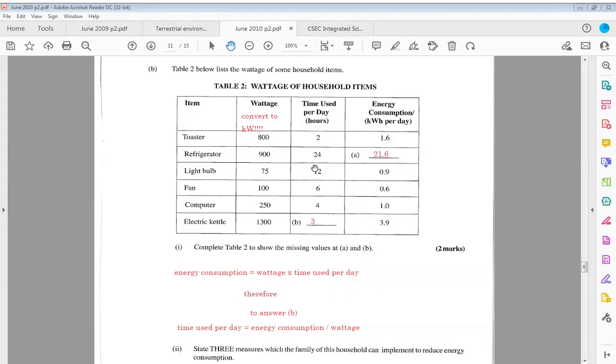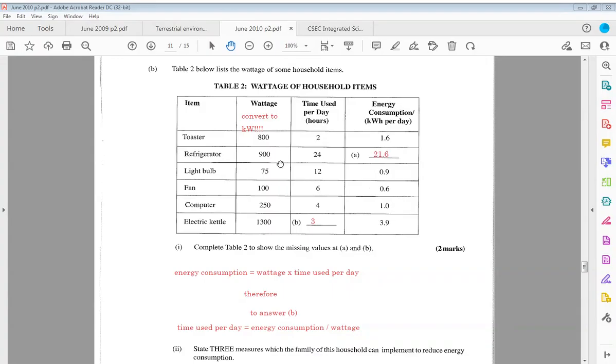And if you did not convert this to kilowatts while you were doing this, then you would figure out that it's very strange, because how come 800 multiplied by 2 will give you 1.6? This is supposed to be 1600. So then that should let that bulb light in your head. Oh wait, this is kilowatt hours, so I have to divide by 1,000, right? So it's best to just convert it over here to not confuse yourself at any point.